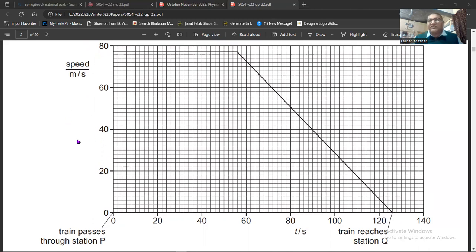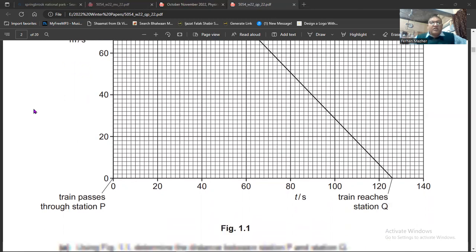On the y-axis we have speed in meters per second, and on the x-axis we have time in seconds. Here the train passes through station P, and here the train reaches station Q. So this is the speed-time graph of that question.